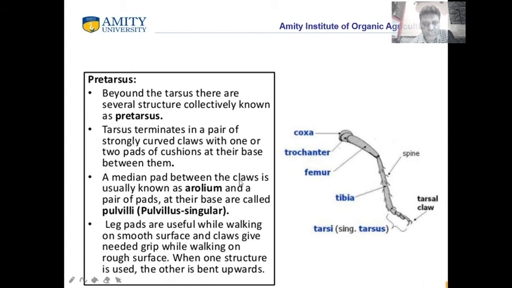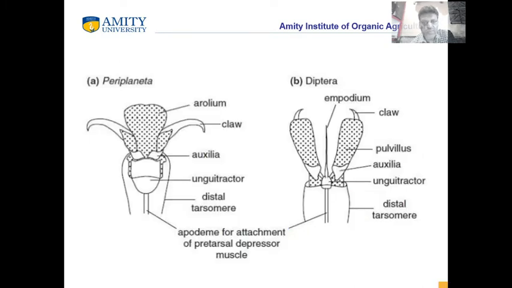So the pad between the two claws is known as arolium, and there are also other smaller pads at the base called pulvilli. Pulvillus is singular and pulvilli is plural. You can see the pulvilli in this structure.